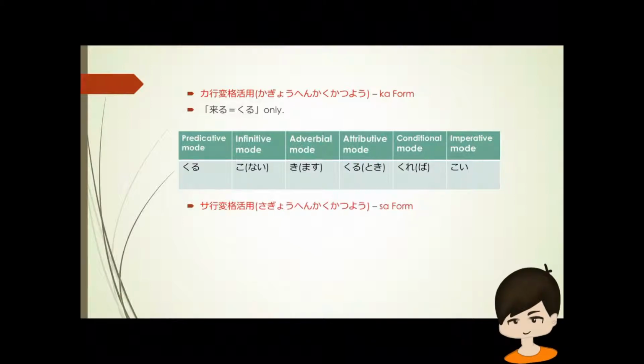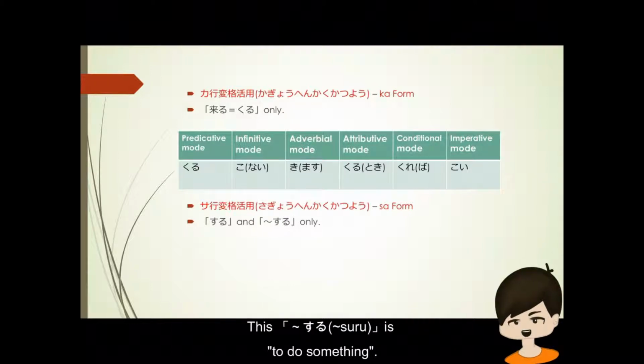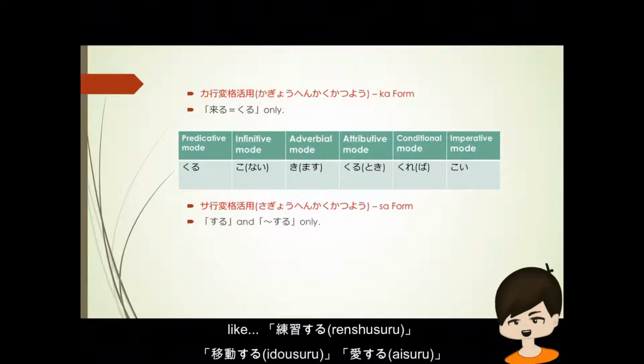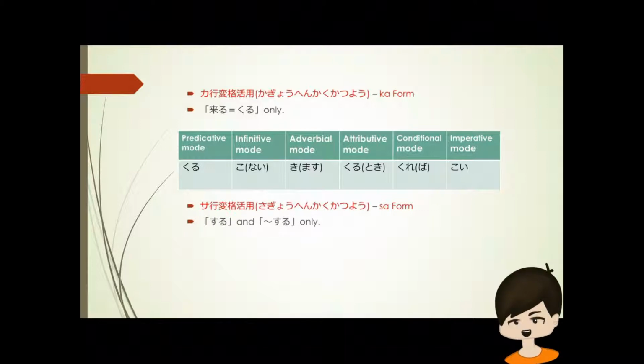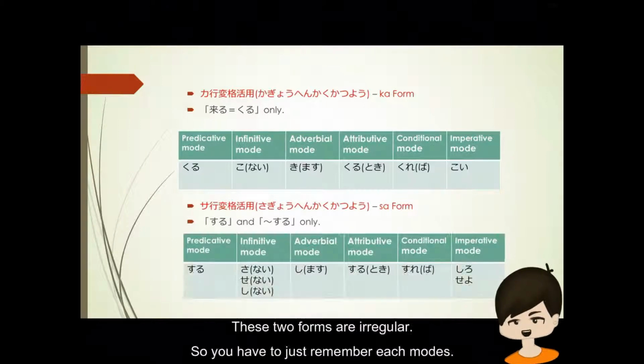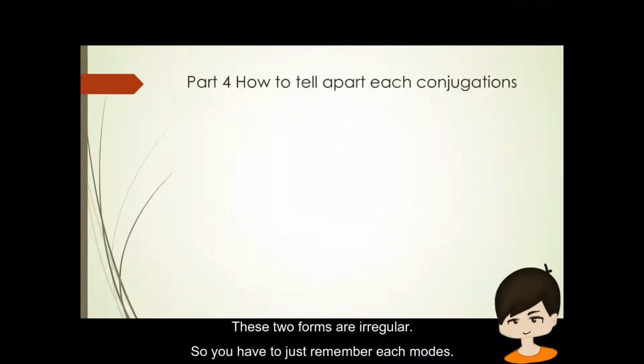Sa form. This form has only two verbs. する and する. This する is to do something, like 練習する、移動する、愛する. You can see each mode here. These two forms are irregular, so you have to just remember each mode.